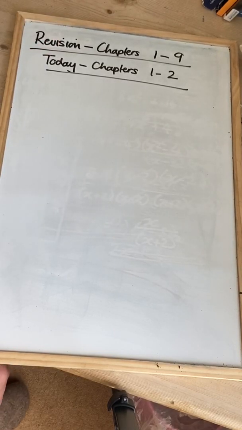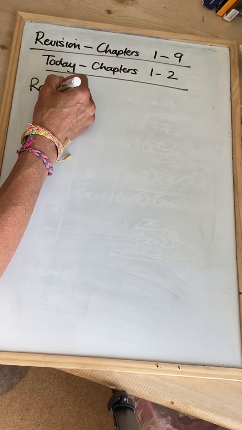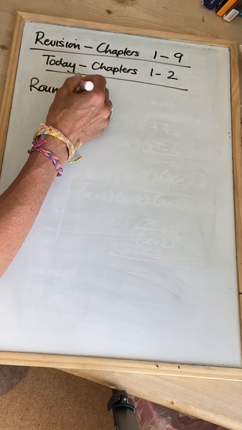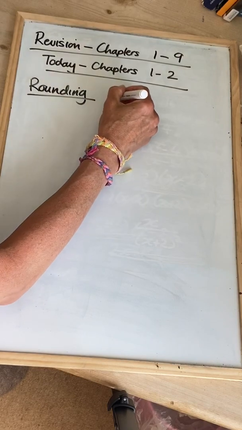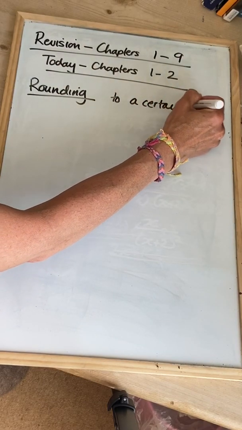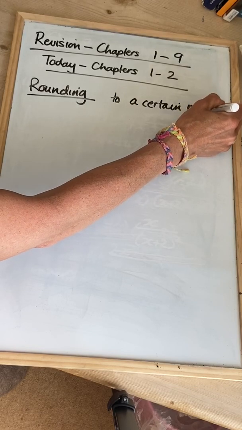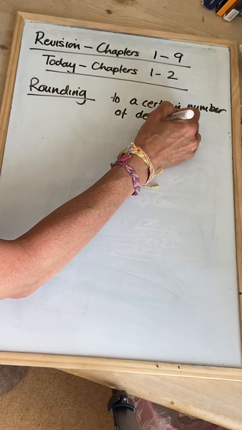Okay, so chapter 1, things that you need to be able to do. Rounding is one of the main things in chapter 1, and that is rounding to a certain number of decimal places. I think all of you will be fine with that.